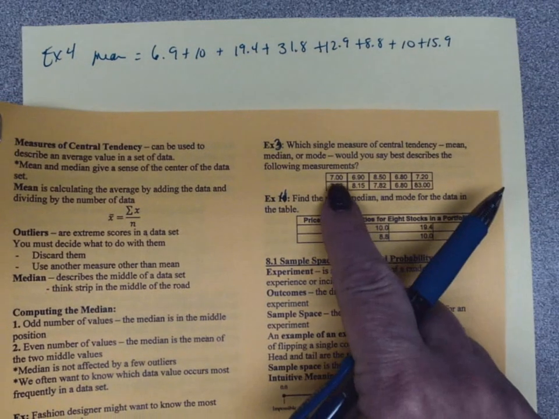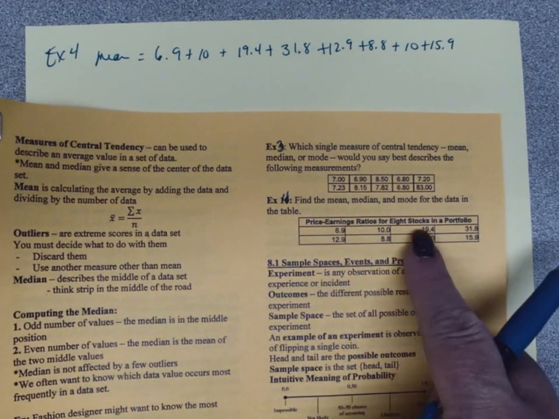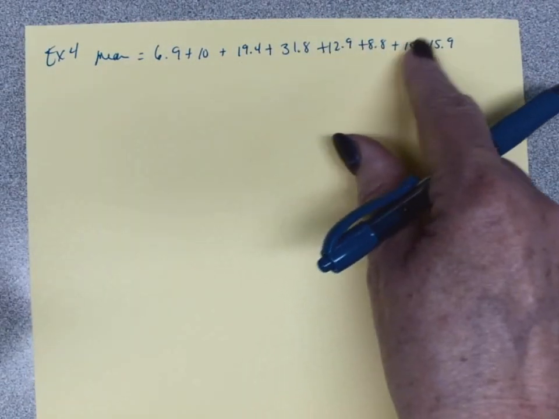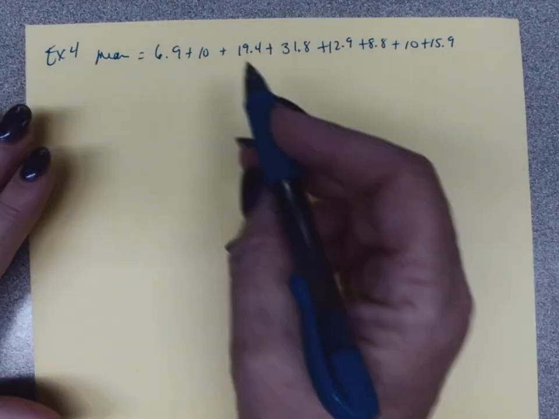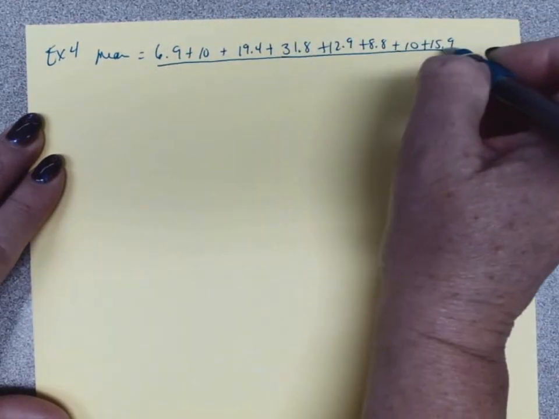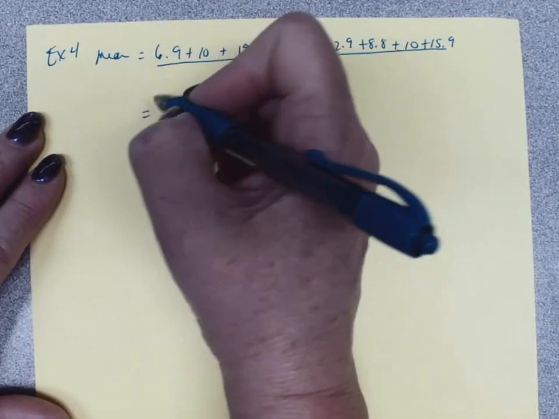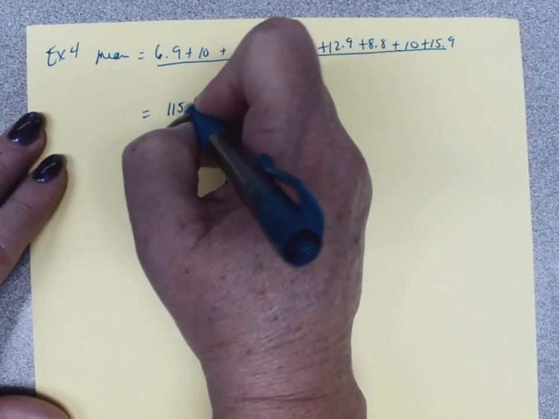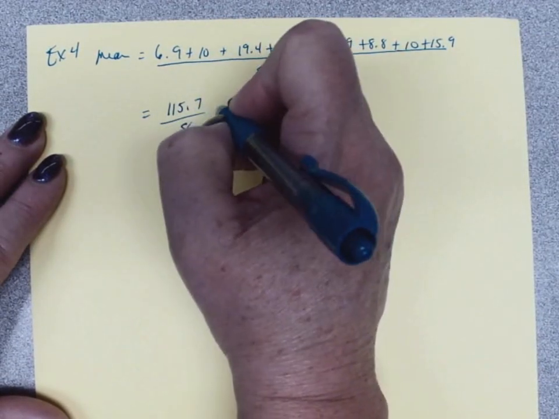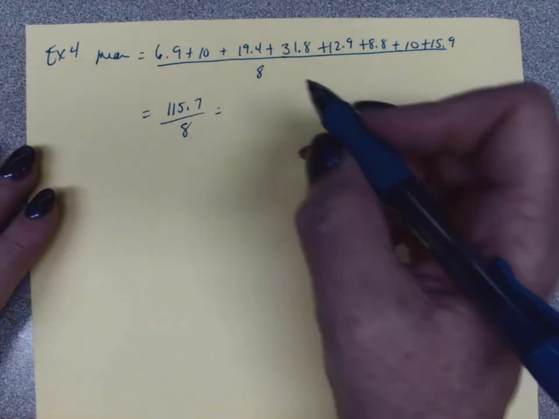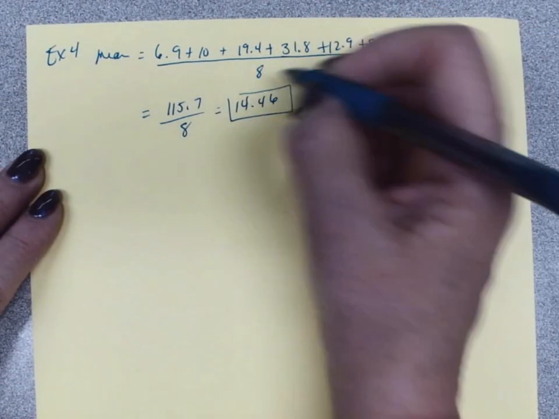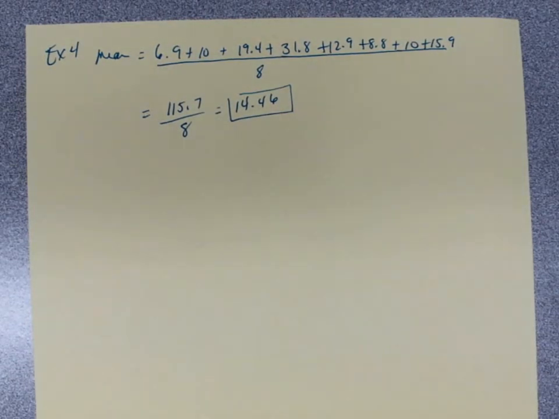All right, so we have 1, 2, 3, 4, 5, 6, 7, 8. I didn't leave anybody off. And that also means I'm going to divide by 8. When I add those on a calculator, I'm going to get 115.7 divided by our 8 will get us 14.46. So there is our mean.